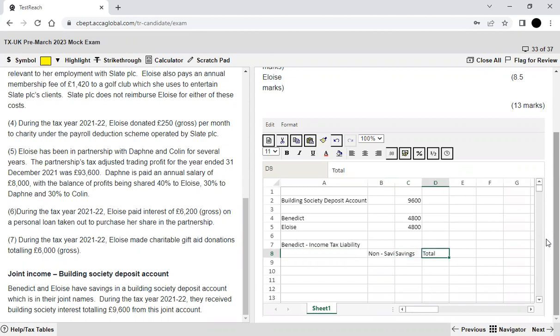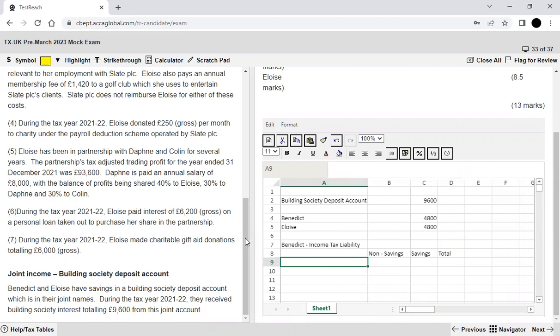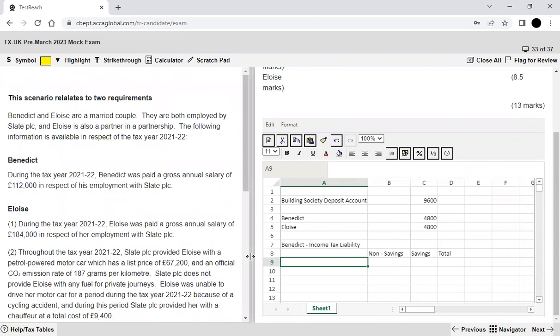Since there is no dividend, I'm not opening up a column for dividend. The salary for Benedict was given, then the interest income.